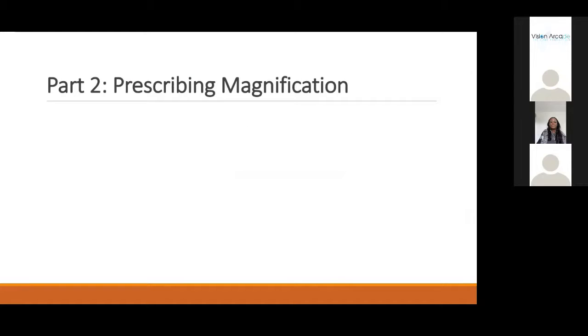So in terms of prescribing magnification, how do you know how much magnification is needed? The typical routine when prescribing low vision aids is to, number 1, identify the specific tasks that the patient requires the magnification for. What are they wanting to do?